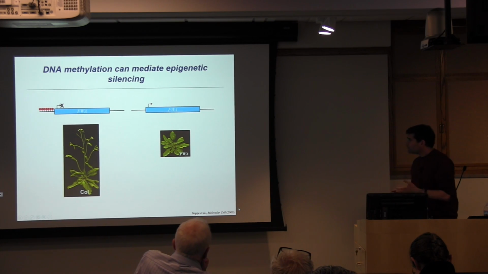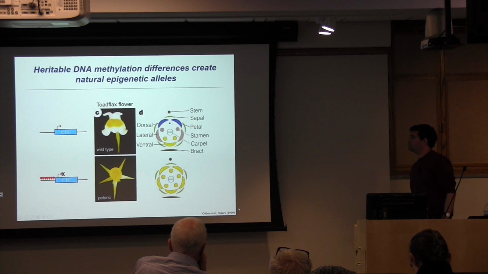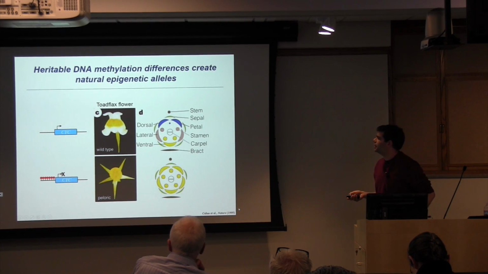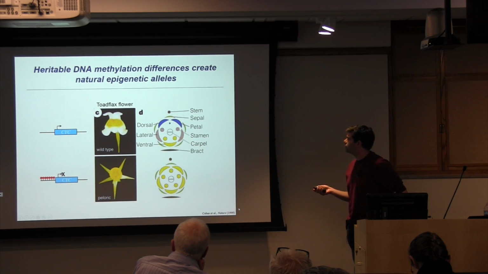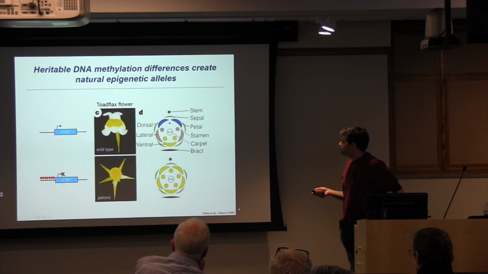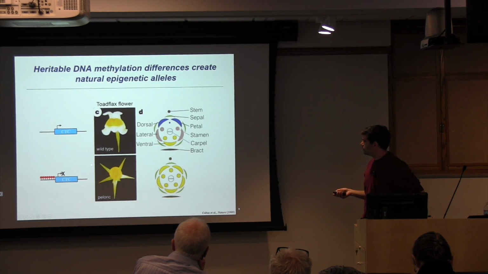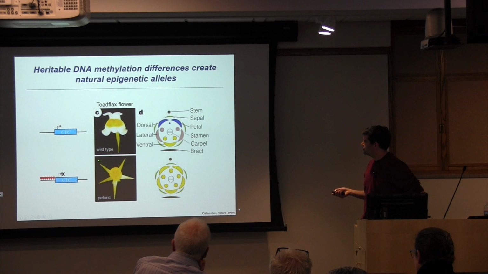And this isn't just a property that occurs in the laboratory. Around the same time, Enrico Coen's lab described an epigenetic allele in toadflax. Toadflax normally has bilaterally symmetric flowers. But a wild, normally occurring version of this species has these so-called peloric flowers, which have radial symmetry and very different arrangements of the flowers.